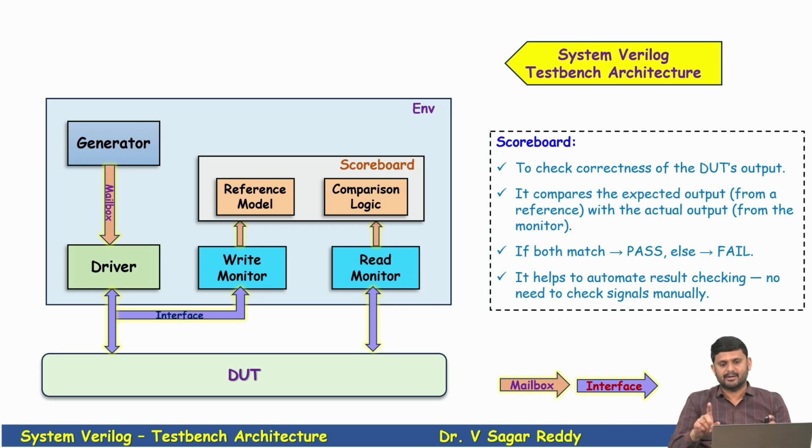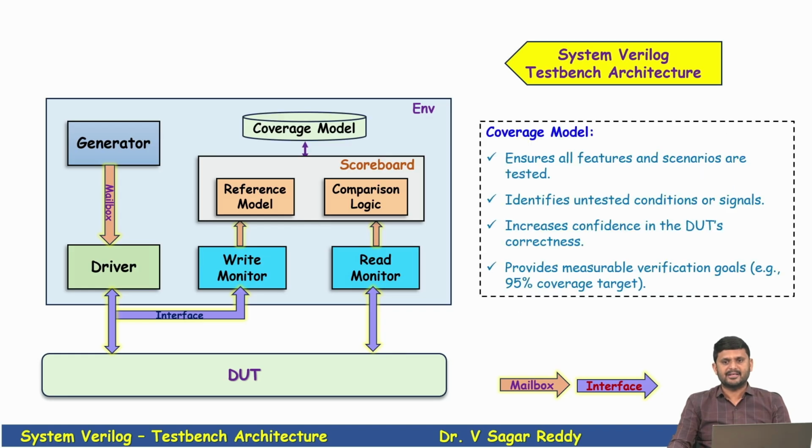Because the entire checking process is fully automated. No waveform analysis, no manual checking. The scoreboard does it all for every single transaction automatically. The reference model is the answer key, the comparison logic is the examiner, and the DUT is the student being tested every single clock cycle.